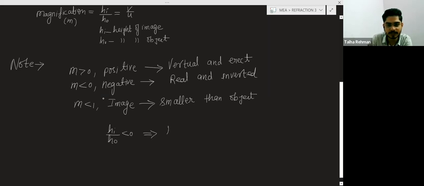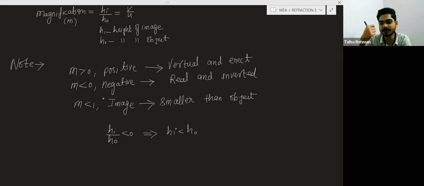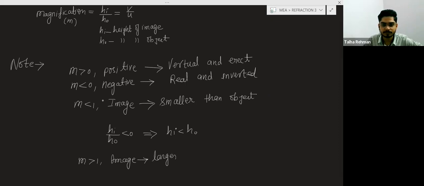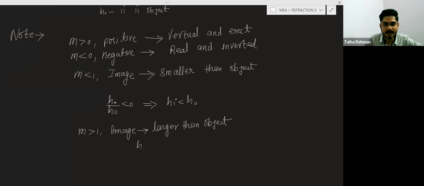So you can say height of the image is less than height of the object. And if your magnification is greater than 1, the size of the image will be larger than the object. So height of your image will be greater than the height of the object.